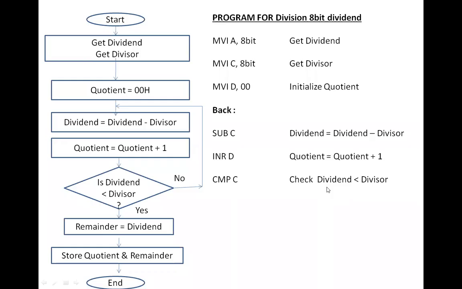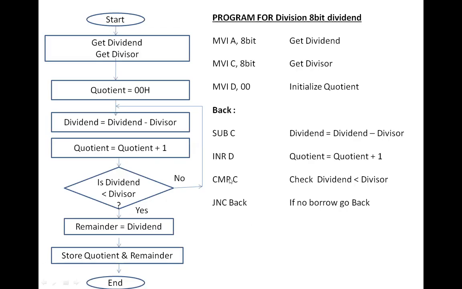If the dividend has not become less than the divisor, then the carry flag will not be set, because dividend minus divisor will be positive. So we will do a checking process whether the dividend is less than the divisor, and for that we use the comparison instruction, compare C. If the dividend value has become less, the carry flag will be set.